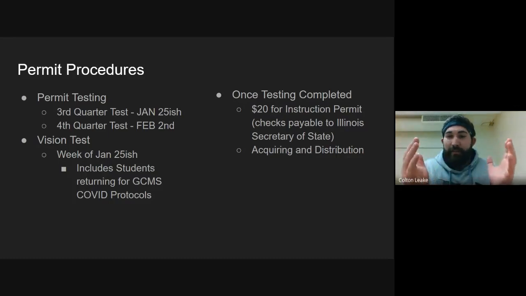That's usually the most common restriction that we see. But like I said, if there is an issue or a concern, I will be in communication with you and relaying to you what the state tells me, so that we can work through any of those issues that might arise. So vision tests are also hopefully going to be the week of the 25th-ish.